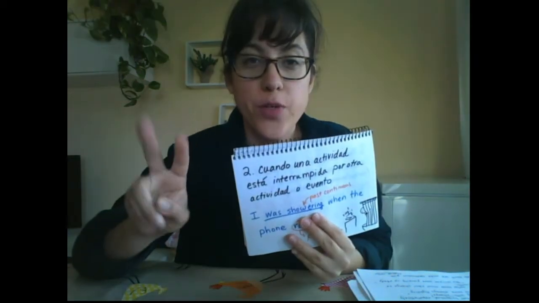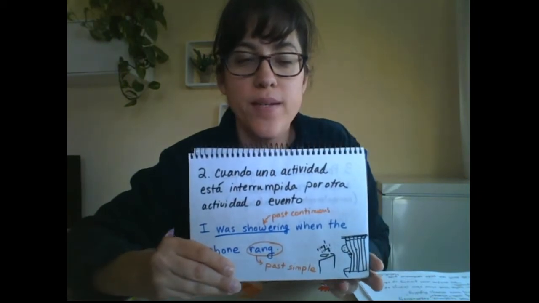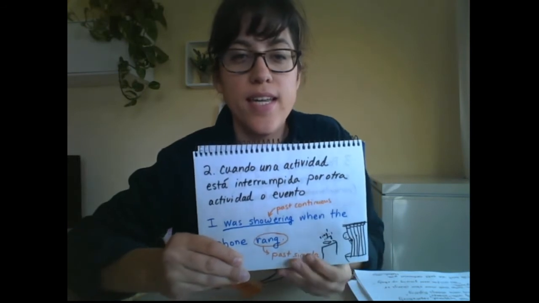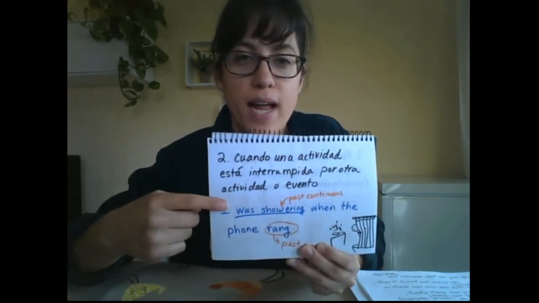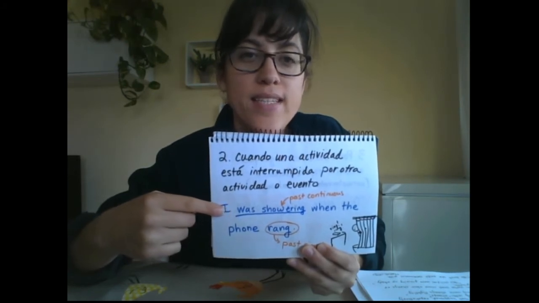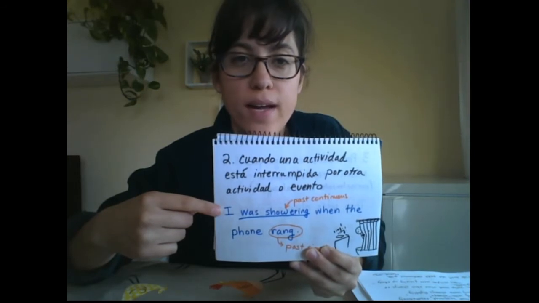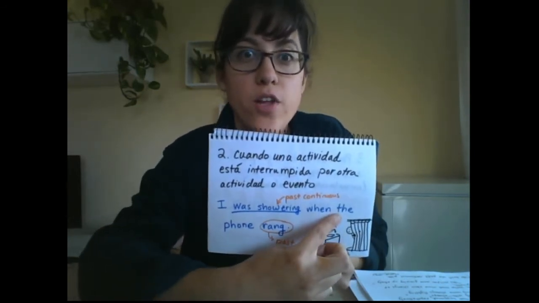Use number two. When an activity is interrupted by another activity or event. In this case, the first action, la primera acción, is in the past continuous. I was showering, estaba duchándome, and then algo interrumpe.